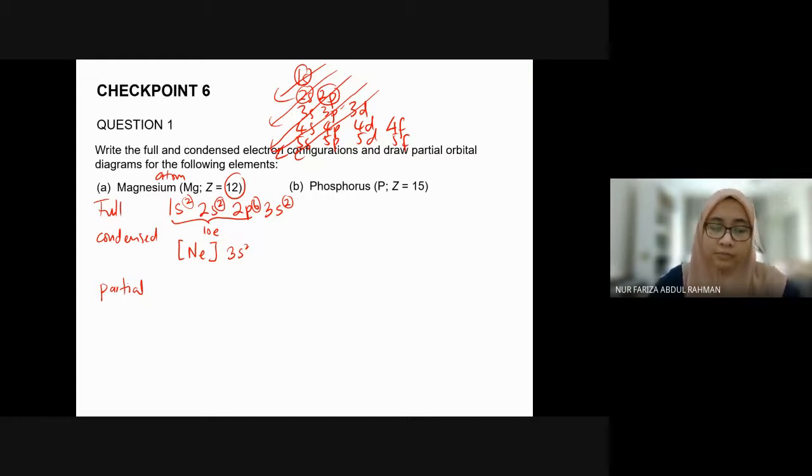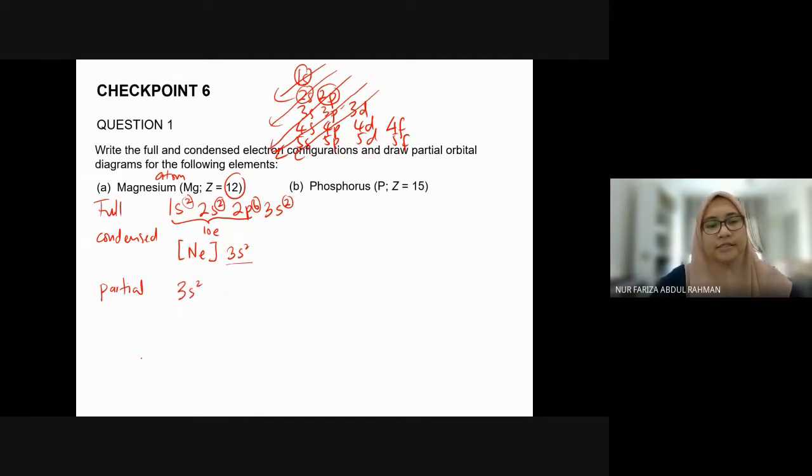No marks will be given. You should address the question. So, remember, what does partial mean? Partial only displays the highest energy sublevel being filled, which is 3s2. So the answer would be 3s2 only.